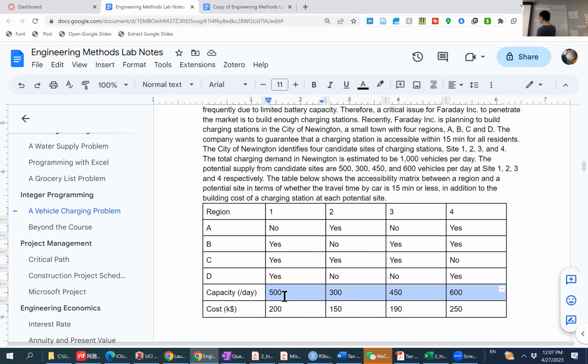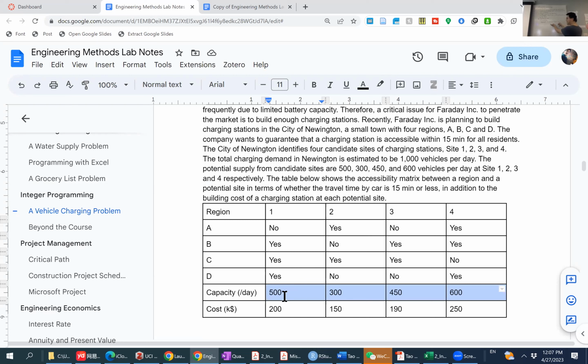So I would, for example, do this in region A. It'll be 0 times x1 plus 1 times x2 plus 1 times x3, and, well, this should be 0, and 1 times x4.